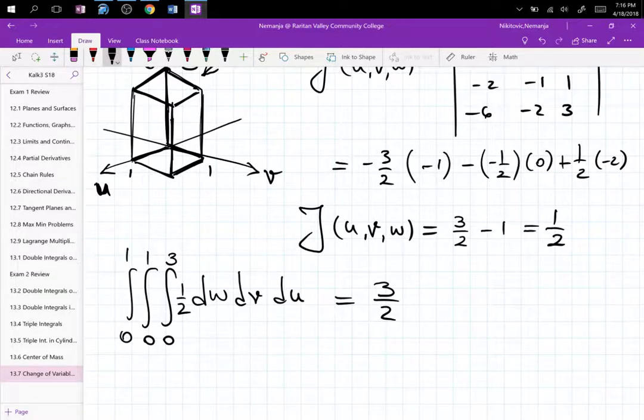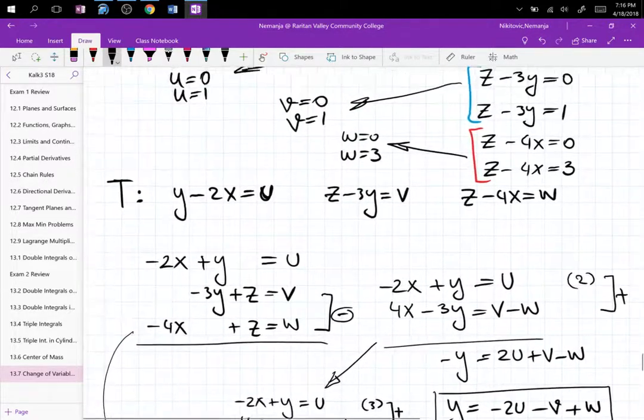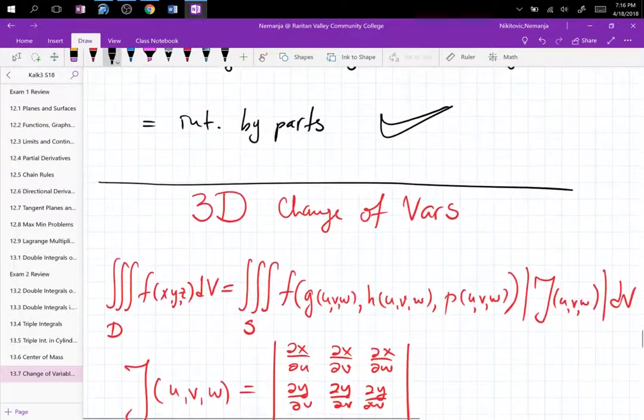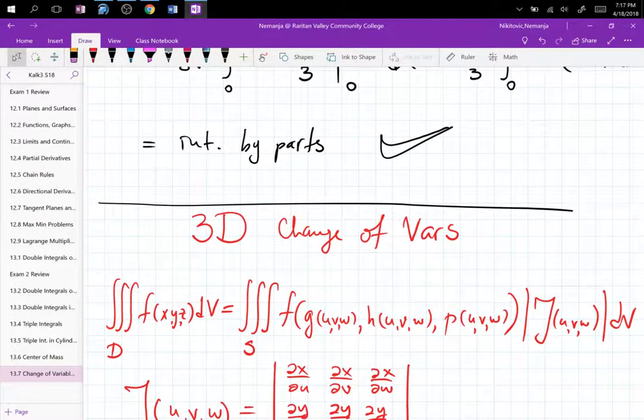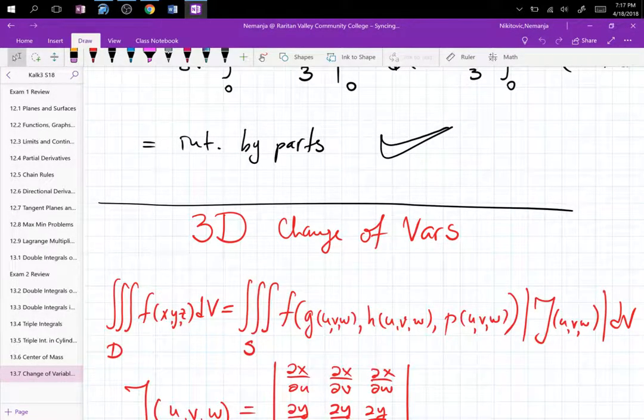So these problems are very lengthy, and I think most of the 2Ds that we did were more work than actually this 3D, but again, this is the biggest joke of a 3D problem that you can get. You just had these parallel planes.